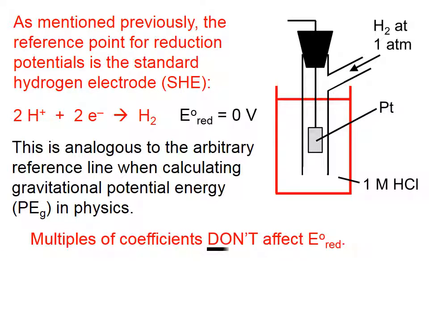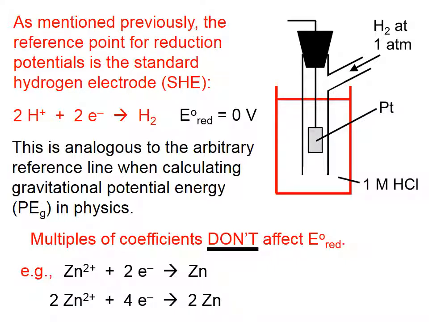It turns out that multiples of coefficients do not affect the reduction potential. In other words, if we had 1 mole of zinc ion being reduced to 1 mole of zinc, or if we had 2 moles of zinc ion being reduced to 2 moles of neutral zinc, the value from the table, which is negative 0.76 volts, would apply to either of those cases.